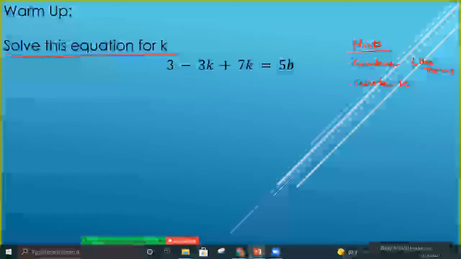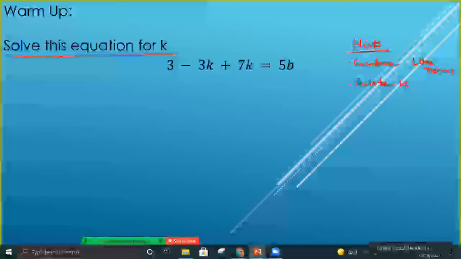Notice that we've got k's and b's in this problem. Only the k's can add together. And we can't add the b number to the k or to the non-variable number. All right, take another minute.